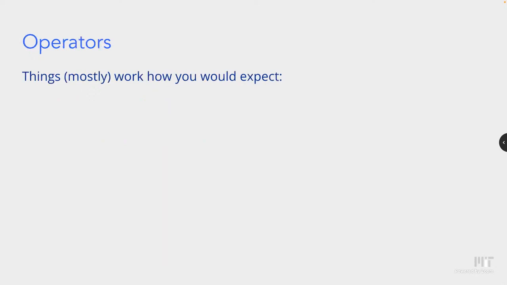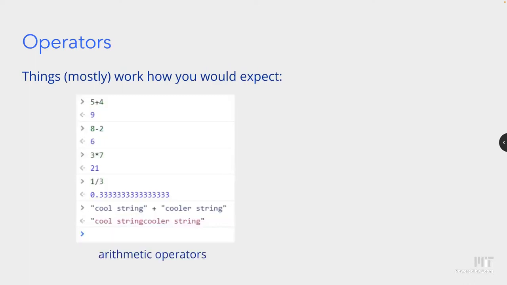And then for operators, it also has the main ones. You can do addition, subtraction, and multiplication in a normal way. And you can also use addition on strings, because they have a built-in function for that, which concatenates strings together.